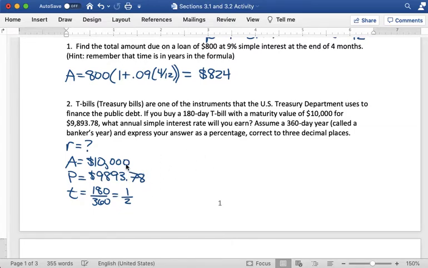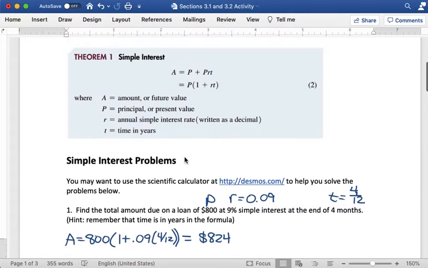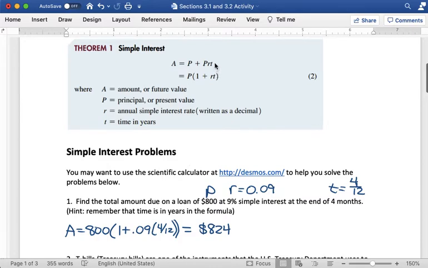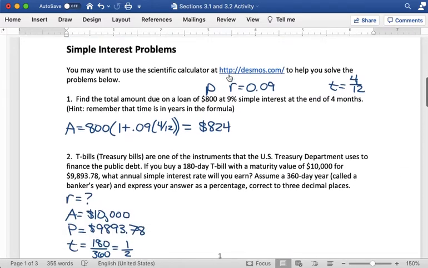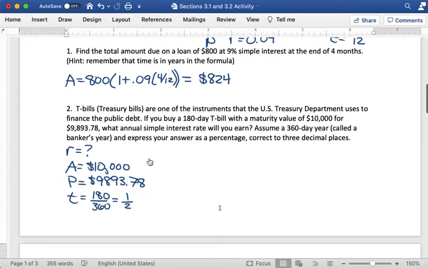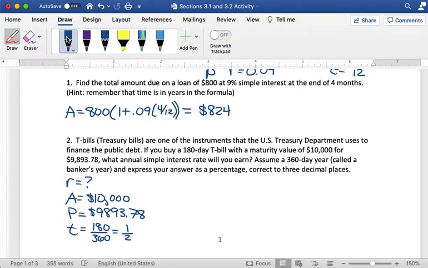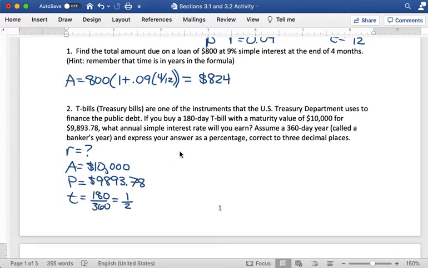So we're going to plug these in and solve. I'm going to use the top version of the formula this time, although either version will work. Whichever you like, whichever you think is going to be easier to solve is going to be fine.